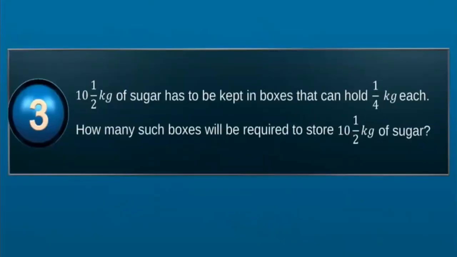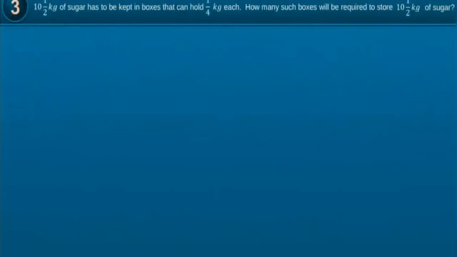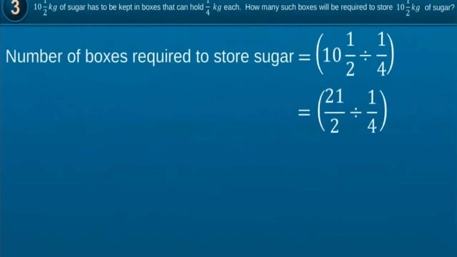10.5 kilograms of sugar has to be kept in boxes, each of which can hold 1/4 kilogram. How many such boxes will be required to store 10.5 kilograms of sugar? We know that 10.5 kilograms of sugar has to be divided into boxes, so we replace 1/4 with its reciprocal and multiply the fractions.